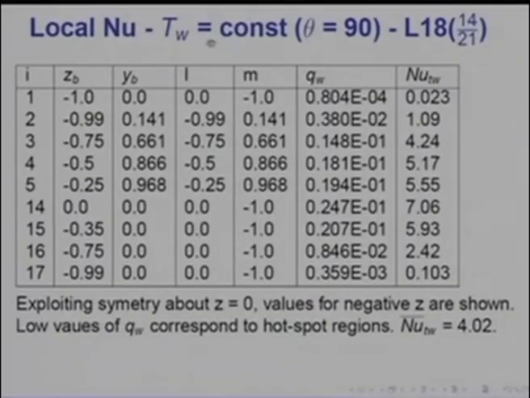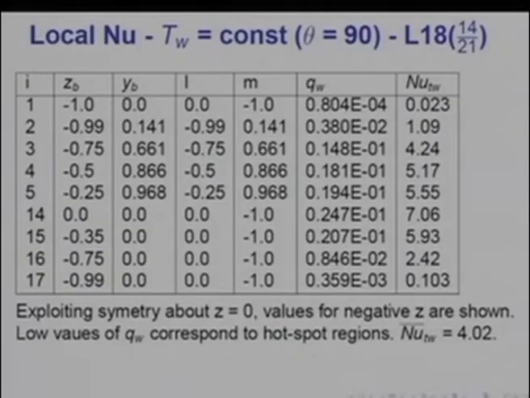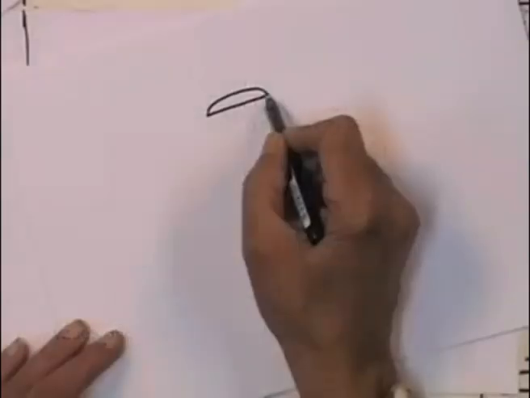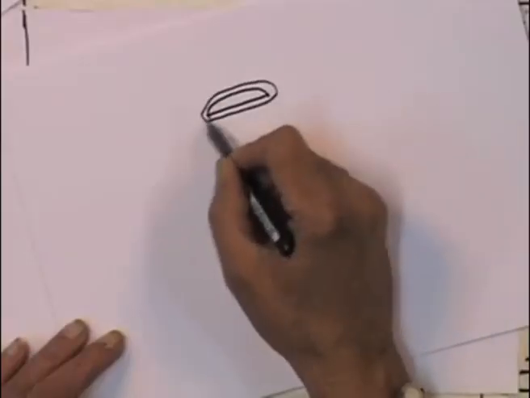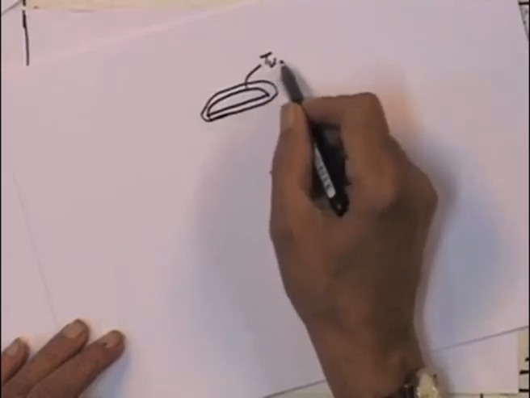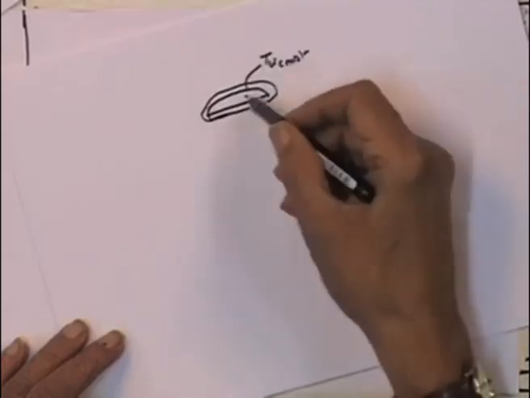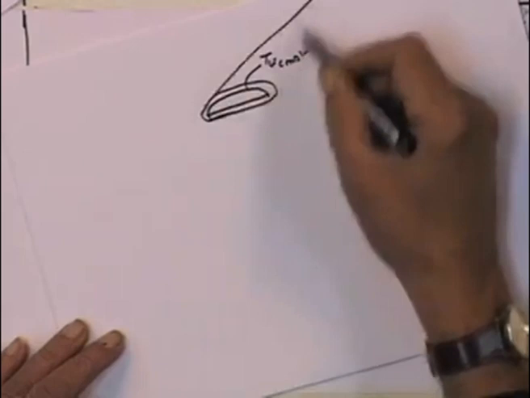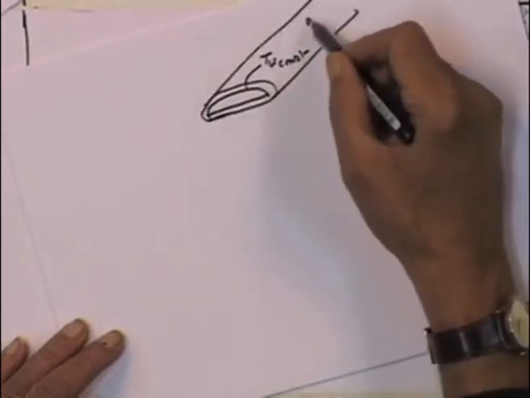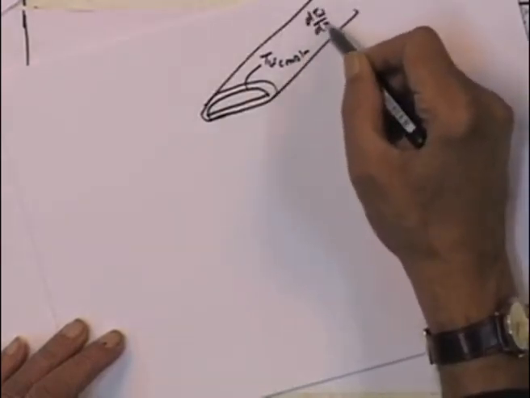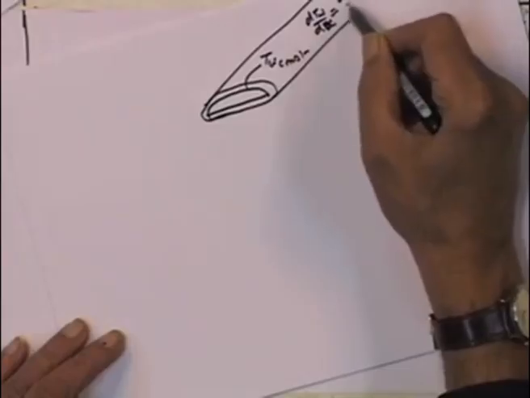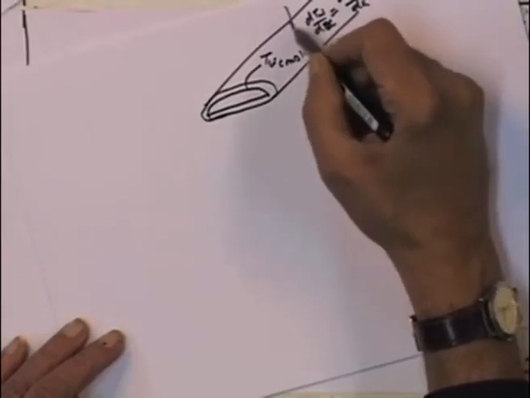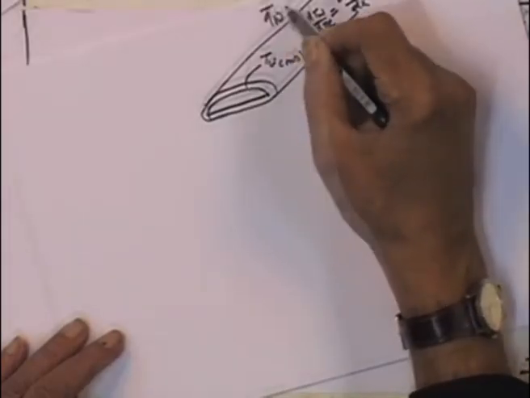To begin with, I have simply said that over the entire periphery of this duct, TW is constant. Of course, TW will vary with z, since dTW/dx will equal dT bulk/dx, because QW is constant.